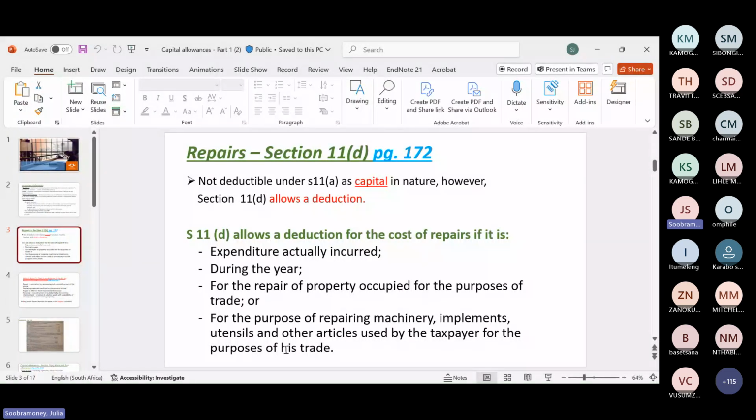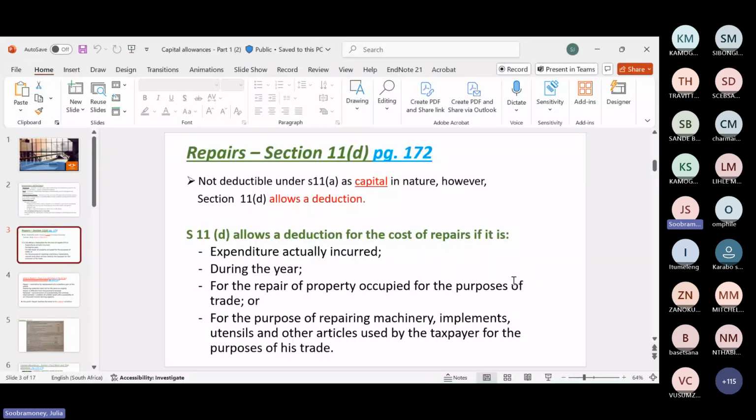So it's very broad and it's very specific. Number one, it has to have actually been incurred, so you actually did the repair during this year of assessment. And number two, it must be for trade purposes.